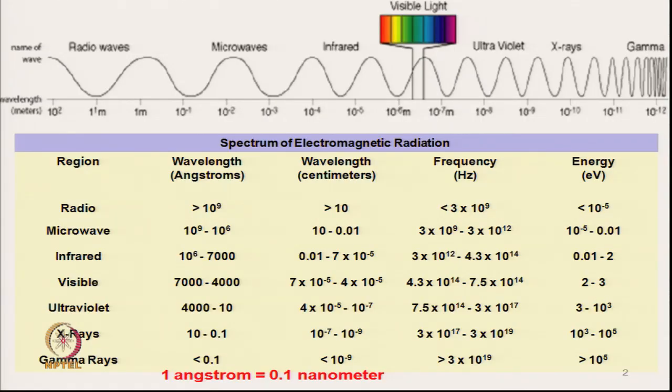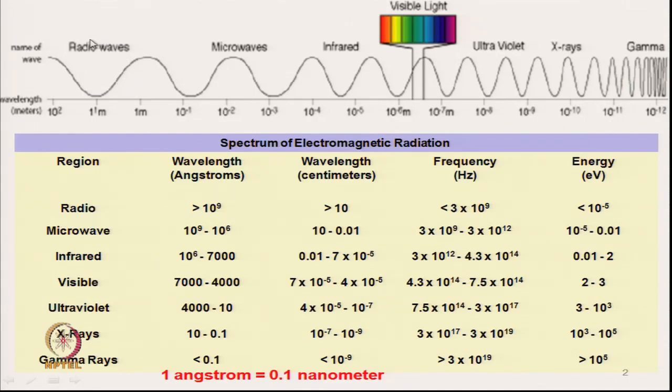So, if you see the total spectrum of electromagnetic radiations starting from radio wave to gamma ray, gradually the wavelength reduces.